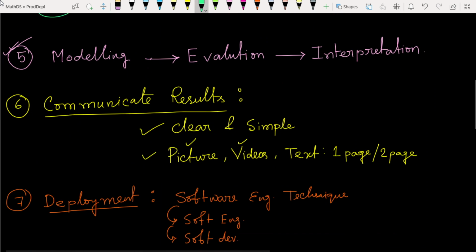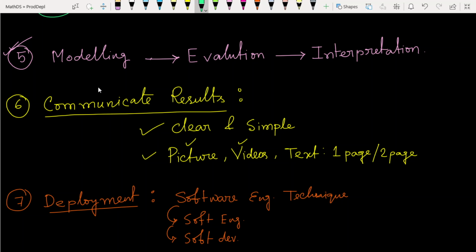Now, after understanding the data, we have to apply the right models to it. Today we have seen that most people directly apply neural networks or deep learning, but the cost of deep learning is very high. So sometimes there is no need to always apply deep learning. If we apply some simple models to the data, they can give much more accurate results.